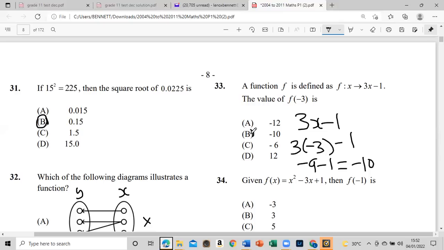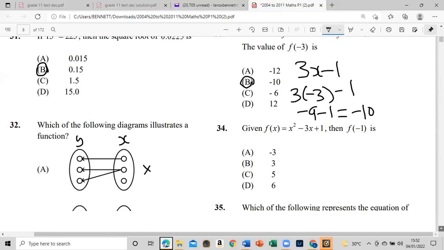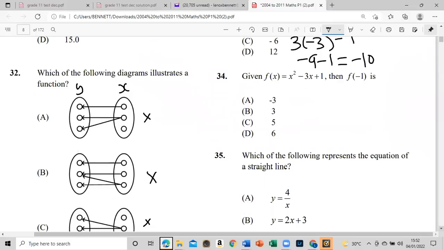So that will be 34. As I say, given f of x is equal to x squared plus 3x plus 1, right? Alright, so this time is negative 1 squared minus 3 times negative 1 plus 1.